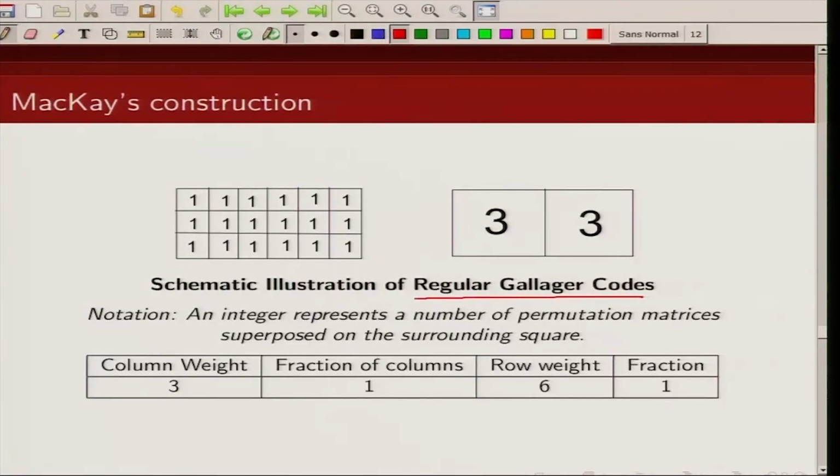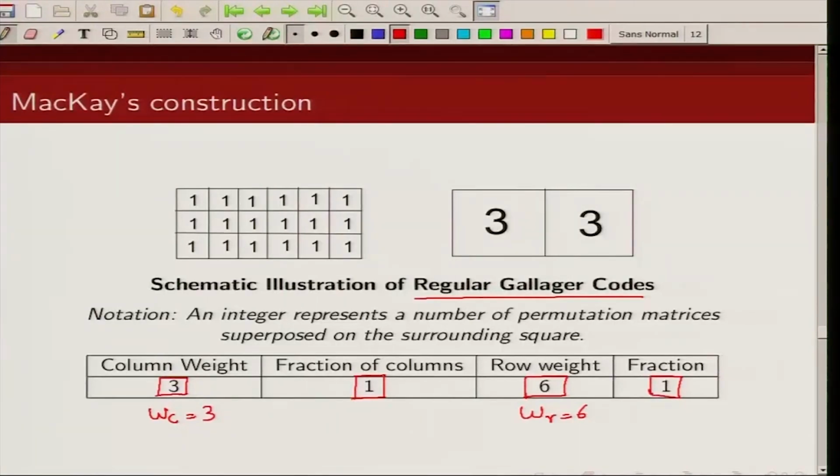This regular LDPC code has column weight 3, so WC is 3, and row weight 6, so WR is 6. You can see this is a regular LDPC code because all the rows and columns have the same weight.